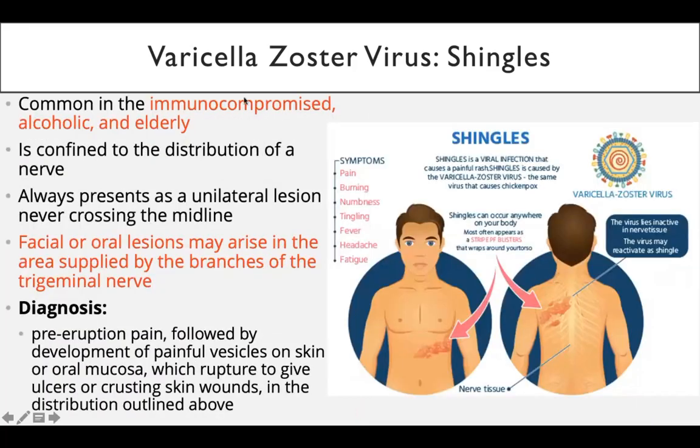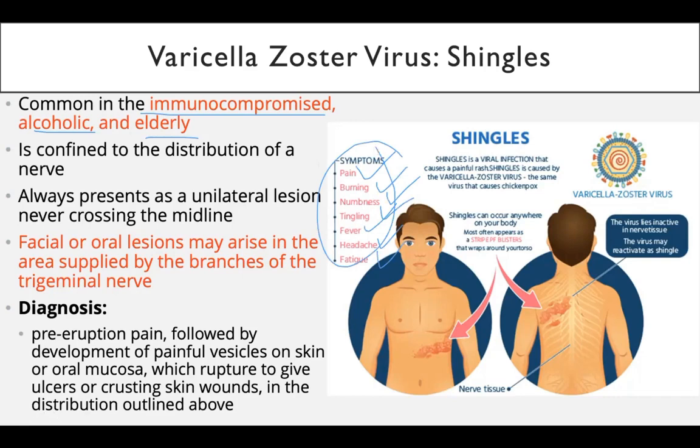So that was chickenpox, and now shingles, common in immunocompromised, alcoholic, and elderly patients. The symptoms were pain, burning, numbness, tingling, fever, headache, and fatigue. All the prodromal symptoms.